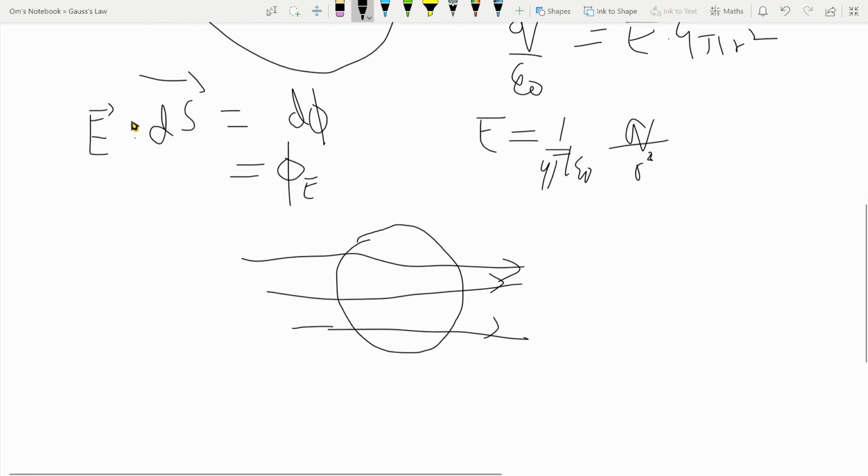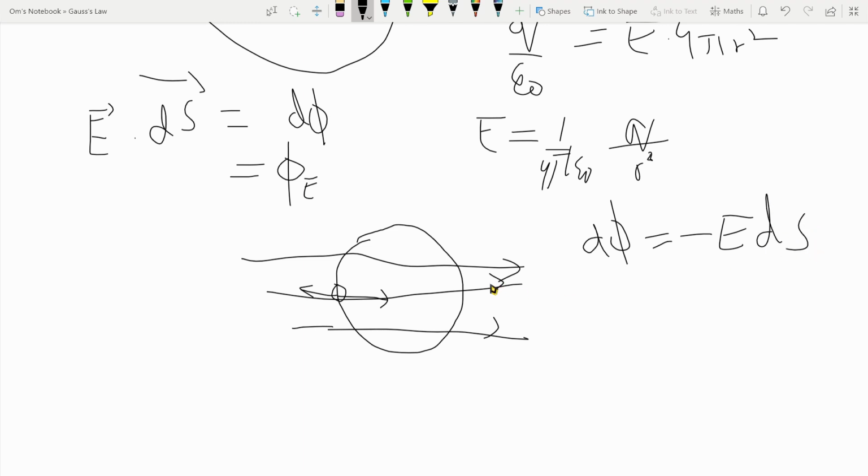But again, you have to remember that this is actually a dot product. It takes into account the angle between the two vectors. So suppose I consider an element ds over here, the electric field is pointing in this direction, right? But the surface element over here will point outwards. And so the dot product at this point would be equal to, say, d phi equals minus eds.